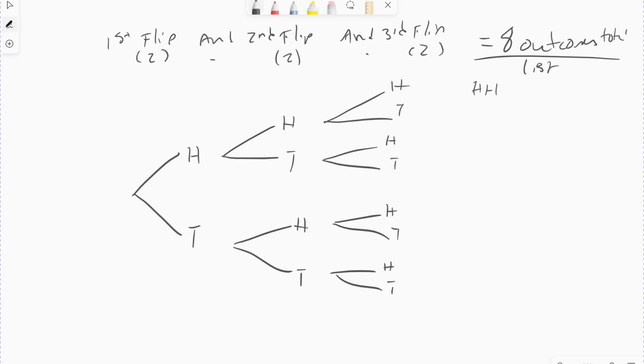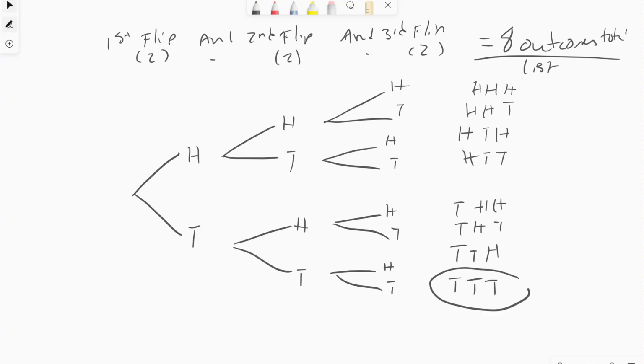You get the all heads, you get the heads, heads, tails, heads, tails, tails. Oops, missed one in the middle. Heads, tails, heads. Then heads, tails, tails. And then again, that's all the ways that heads occurred first. Now the tails case. Tails, heads, heads. Tails, heads, tails. Tails, tails, heads. And then the tails, tails, tails.